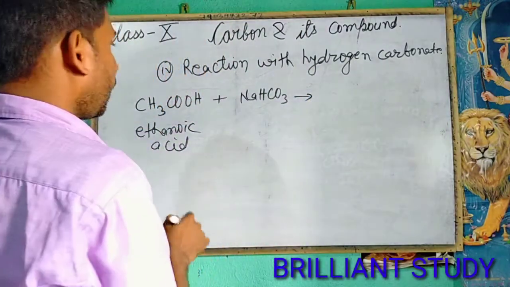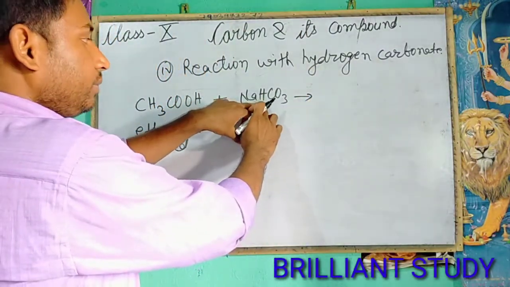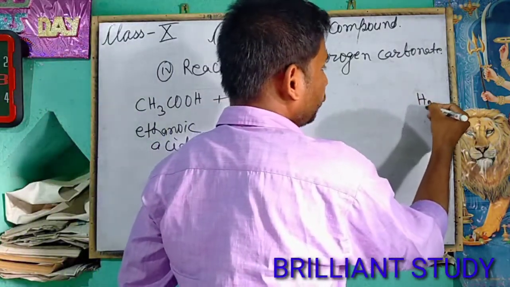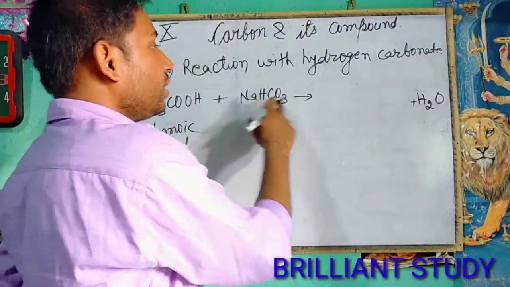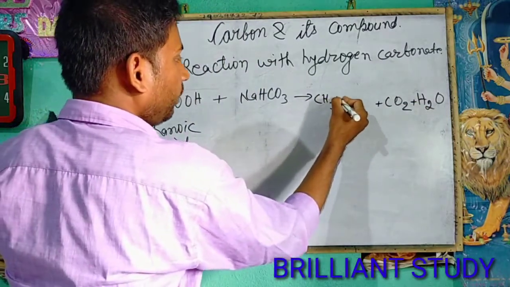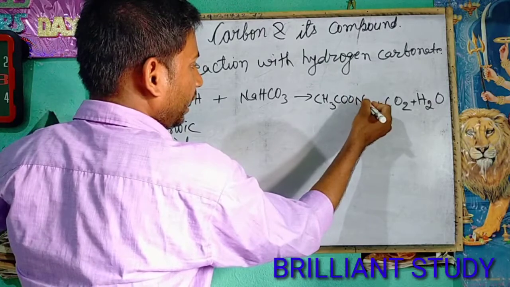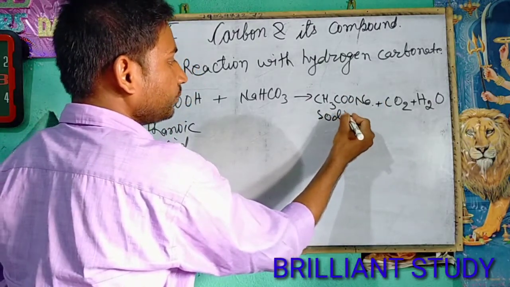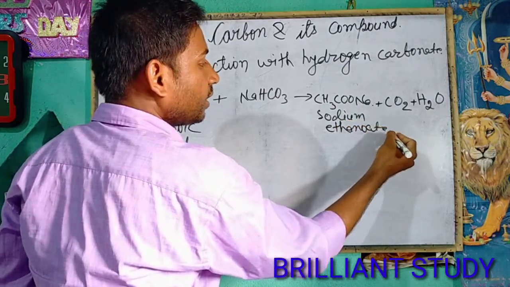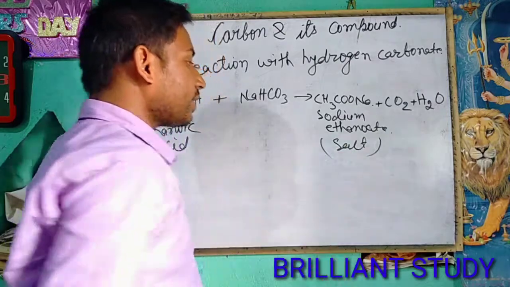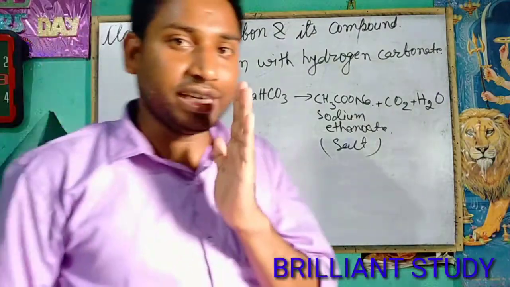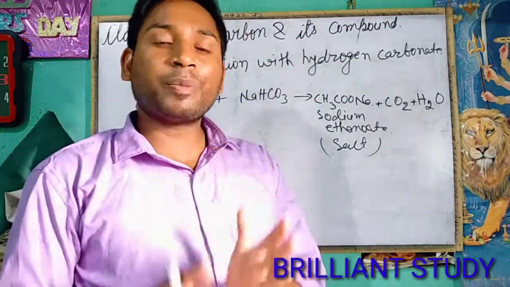In this case, from here one hydrogen and from here one OH will form H2O, and CO2 will be removed, and then one molecule of CH3COONa, that means sodium ethanoate, will form. That is a salt. So in this reaction salt will form.